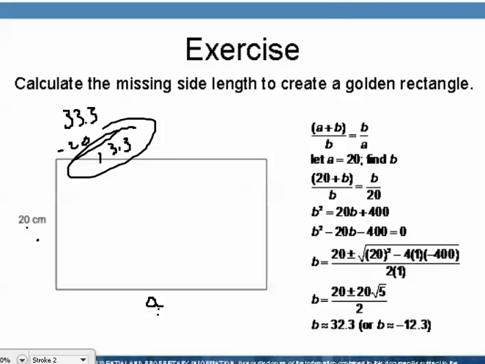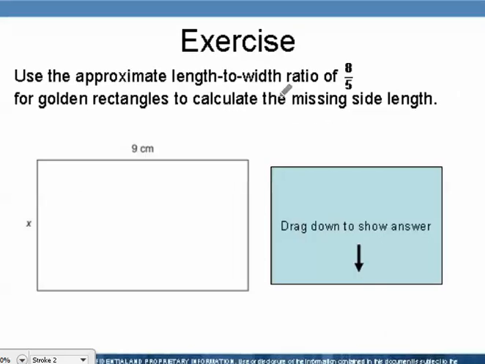So, let's go forward. Using the approximate length ratio, 8 to 5, or the golden ratio, find the missing side length. So you're talking about 8 over 5 is equal to 9 over x. And you could solve it by doing 45 equals 8x. You divide by 8, 45 divided by 8, and you're going to get 5 and 5/8.